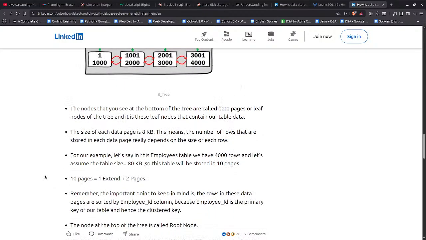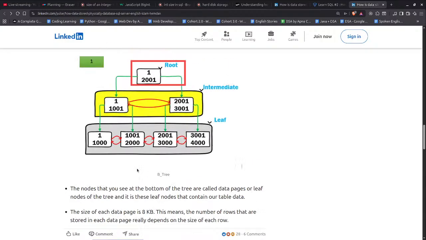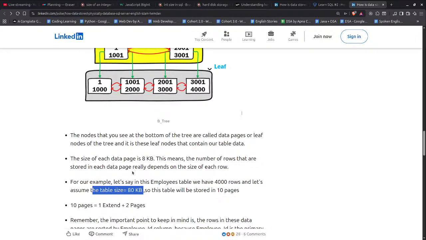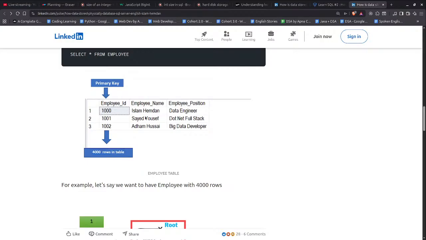For our example, let's say in this employee table we have 4000 rows, and let's assume the table size is 80 KB. That's what we assumed earlier. Including these three columns, they are around 80 KB. So sort of fine.